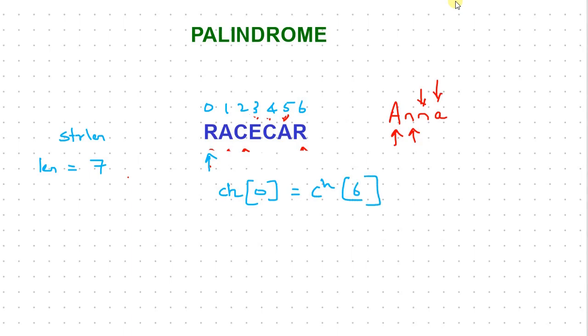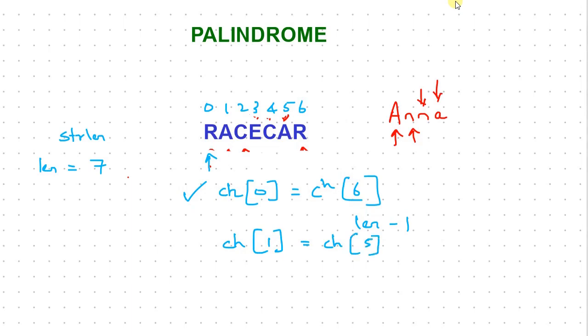Okay, so that 6 is actually the length minus 1. So this is the first thing that we have to check, the first alphabets, and then the second and second last, right? So that will be ch of 1 should be equal to ch of 5.